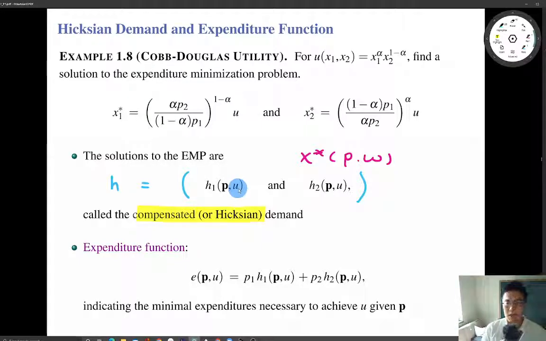It turns out that Hicksian demand is used in many applications. The reason is, if we know something about the unobservable characteristic, we can do more accurate computation, for example, of welfare change. For example, the Korean government decides to subsidize people due to the outbreak of COVID-19.